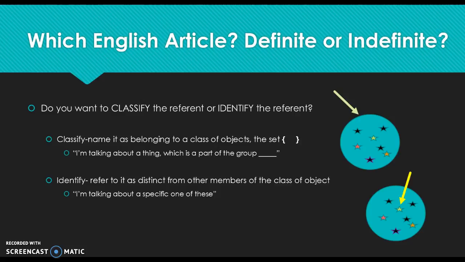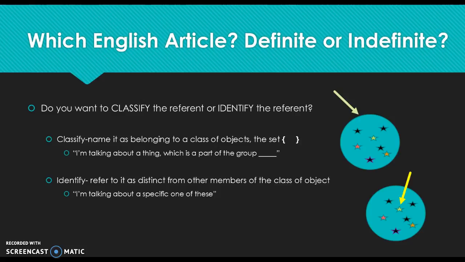It's just one of those, the class of object labeled car, versus identifying work. Hey, get into the car, where the car refers to not just any old car in the world, but a specific member of the group or set of cars in the world. We can pinpoint which one; both the speaker and the hearer know exactly which specific referent we mean.